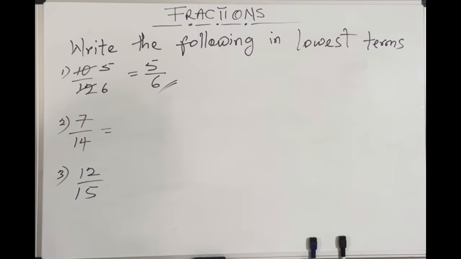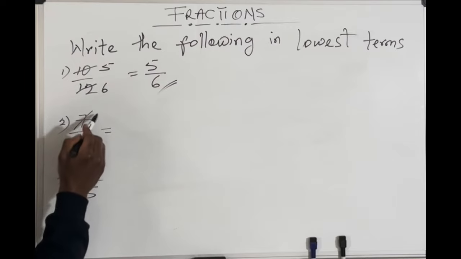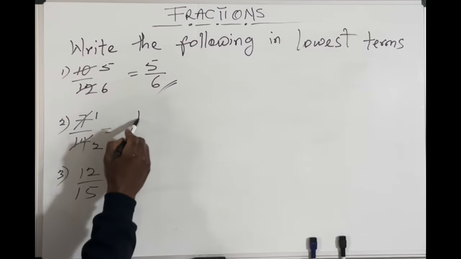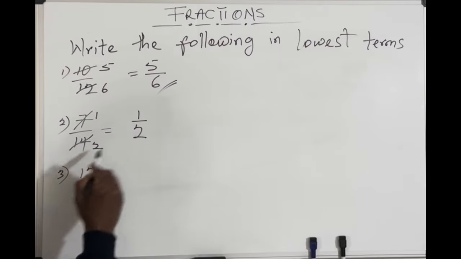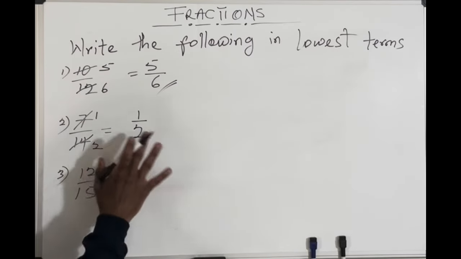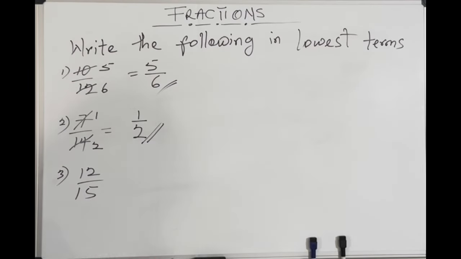So let's quickly do it. 7 goes into 7 how many times? 1. It goes into 14 how many times? 2. So the final answer will be 1 over 2. Because we can't continue to simplify. This is the final lowest term, 1 over 2 or half.